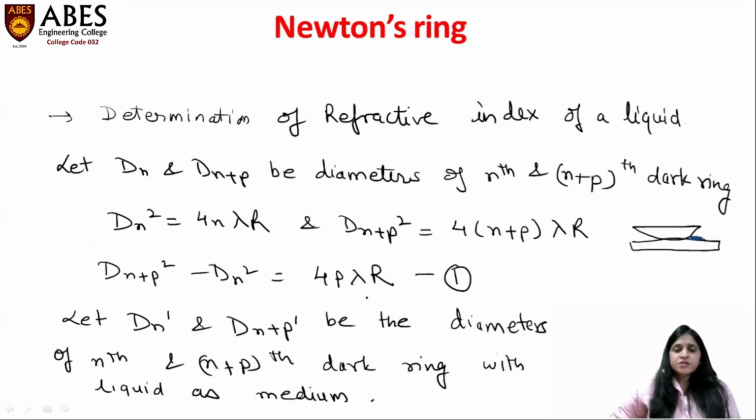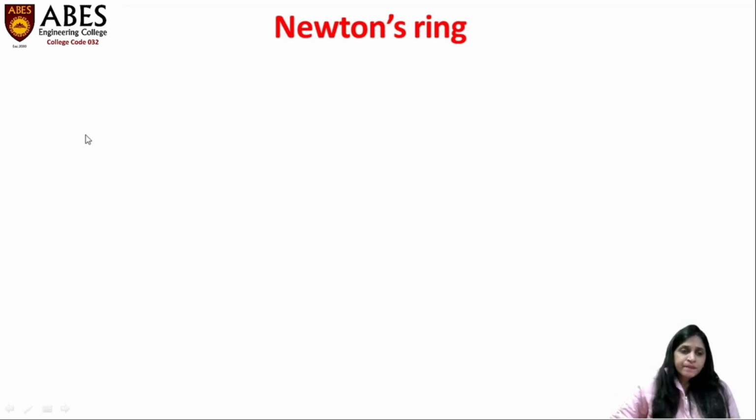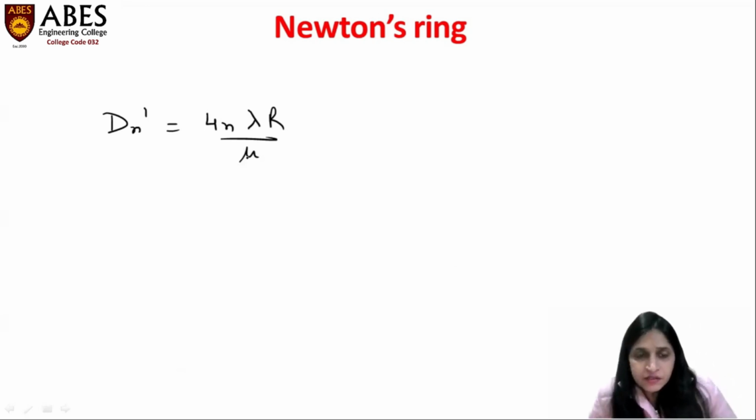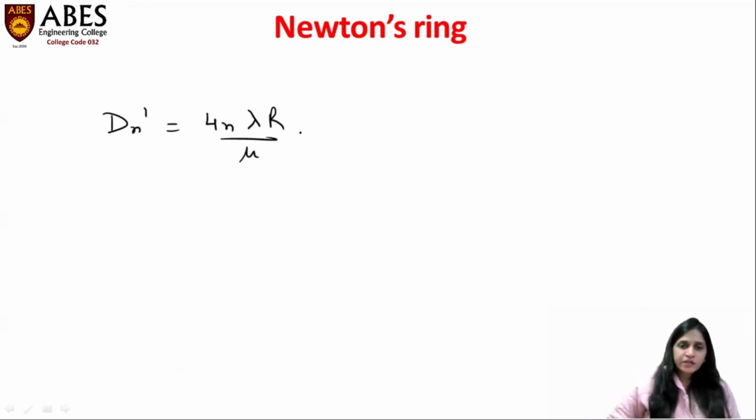So now what will be the equation? In this case, Dn' square will be equal to 4nλR upon μ, the refractive index of the liquid, because now there is some change in the refractive index of the film also. It is not a complete air film. Dn+p' square is equal to 4(n+p)λR upon μ.